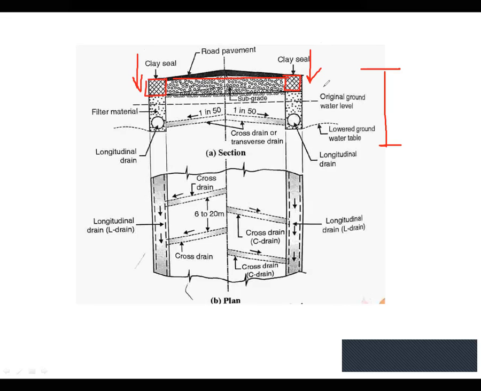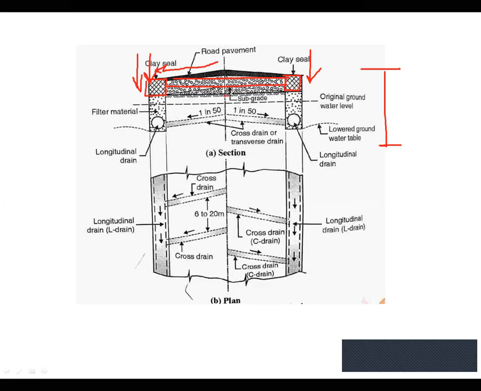It does not allow any water to pass through it, so that when water passes from here, it should not percolate through, which is why the clay seal is provided. Then this is the base of the pavement surface, and this layer is considered the subgrade portion.